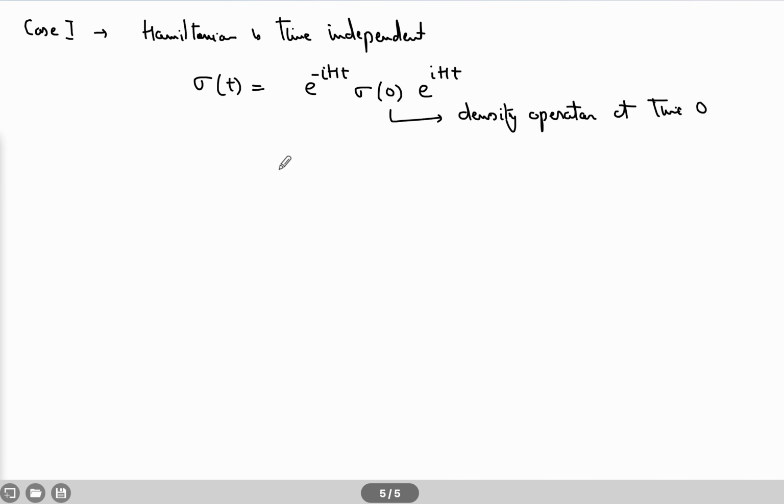Okay. So how do we know that this solution is actually true? This can be proven by taking a simple differentiation with respect to time of this equation. So let us try to see if we differentiate this, can we go back there?